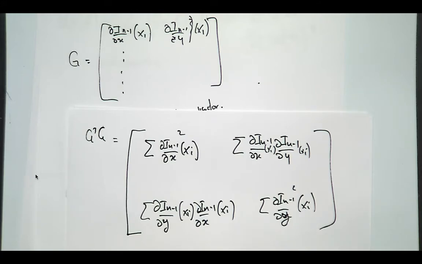Okay, so it's a 2 by 2 matrix. On the diagonal, you have the sum of the squared gradient in x and y, and then you have the cross derivative terms here.